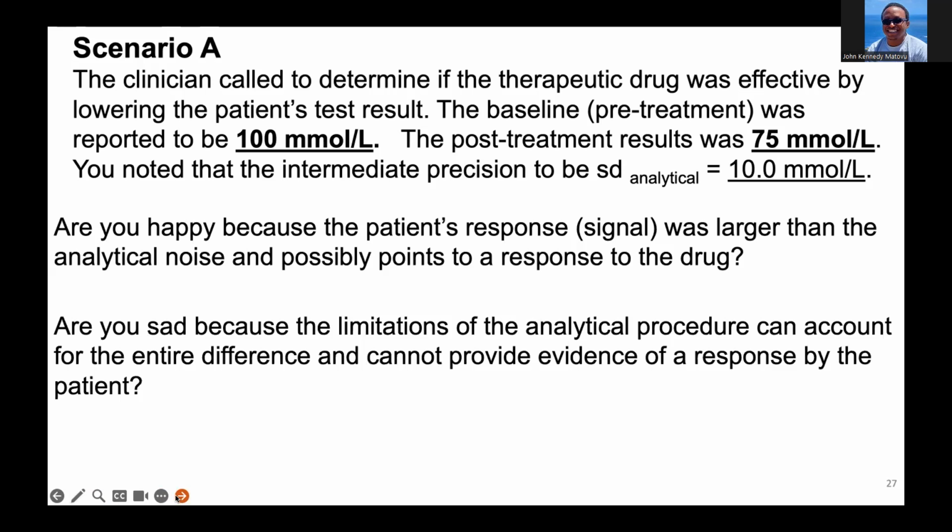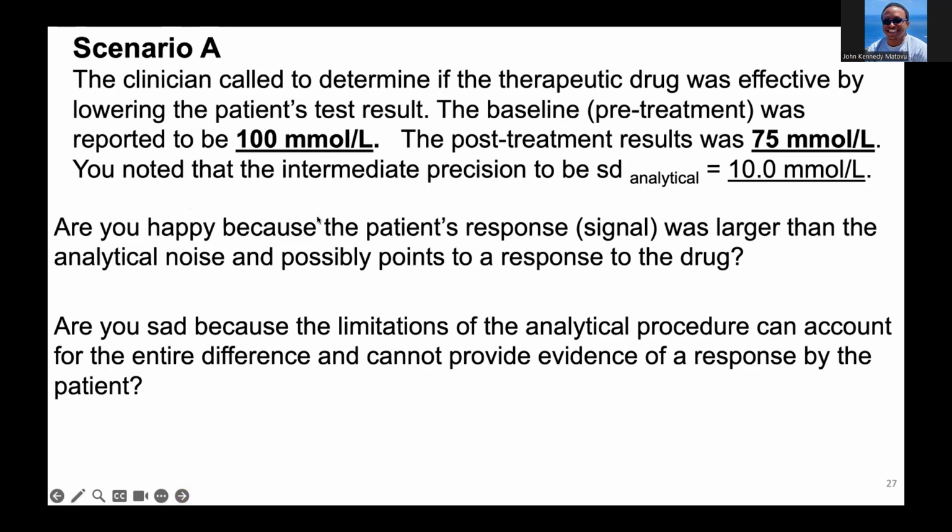Or are you sad because the limitations of the analytical procedure can account for the entire difference and cannot provide evidence of a response by the patient? Is your result saying that actually, what you're seeing is just down to the imprecision of the method? So are we happy or sad in this scenario? In the chat box, please, before we move to the answer, are we happy or sad?